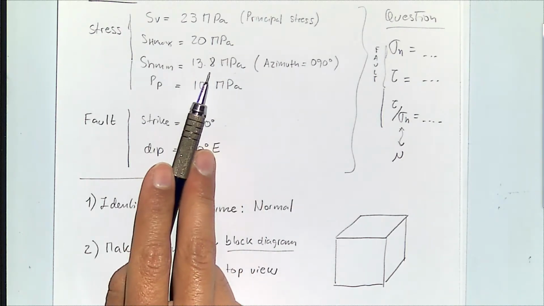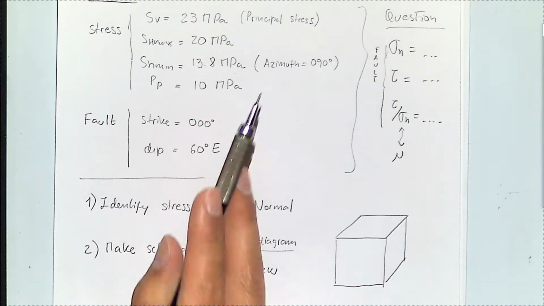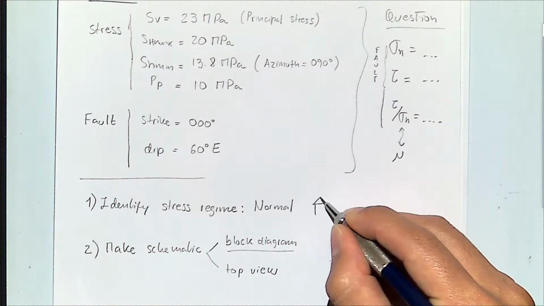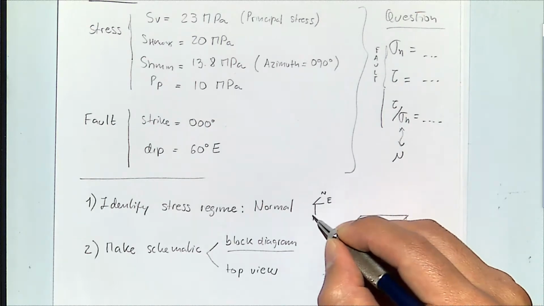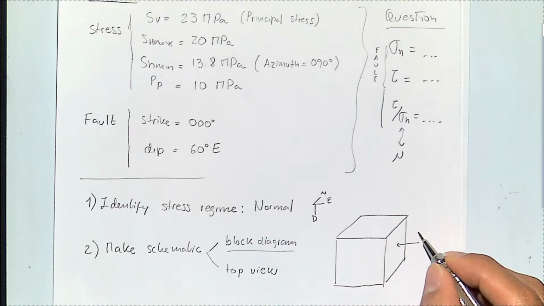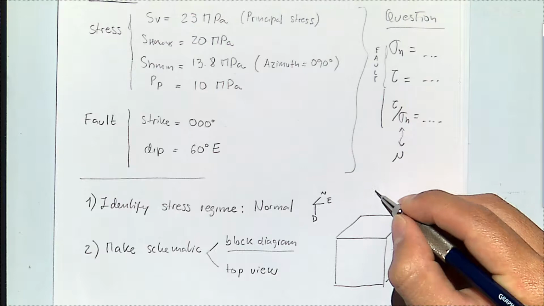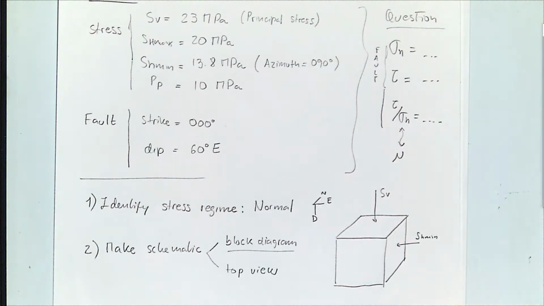For example, here I know that my minimum principal stress has an azimuth of 90 degrees, which means that from the north, 90 degrees, I get to the east. So this is the direction of SH min. Of course, vertical stress is going to be in this direction, and SH max is going to be going in direction north-south.